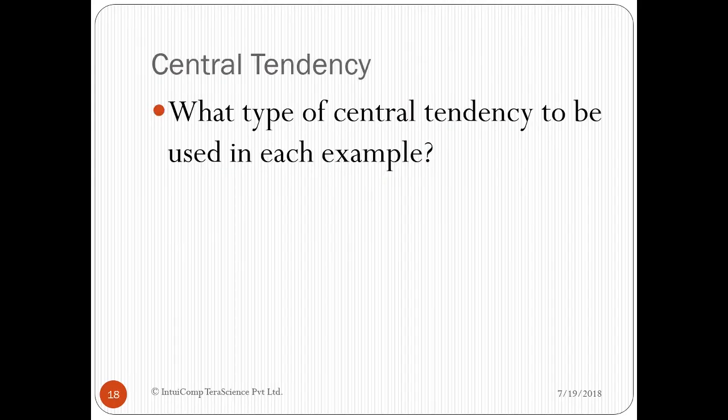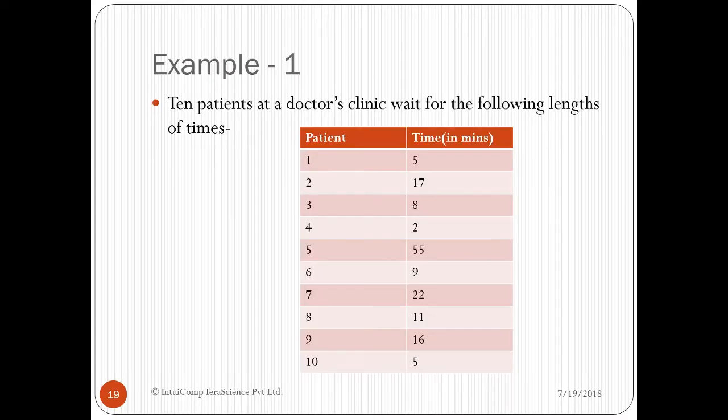So for central tendency, from the information provided earlier, try and answer which central tendency should be used in each of the following sample data sets. Here 10 patients are waiting at a doctor's clinic for the following durations of time given in minutes. In this case, the median would be the preferred measure of central tendency to use and not the mean, since there is an outlier of 55 minutes.